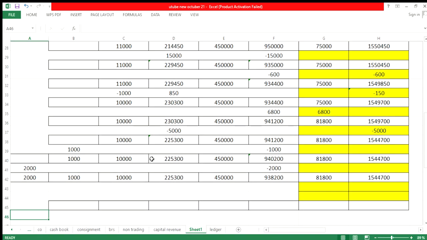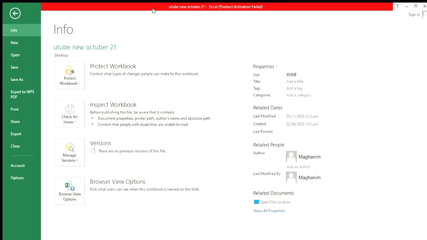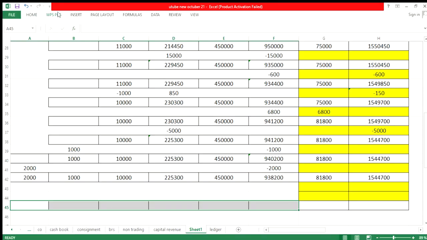Finally, we will be taking sum of both sides. Here total of asset side, and how many columns we have? All columns would be added. So let's take sum of 1 2 3 4 5 6 columns.